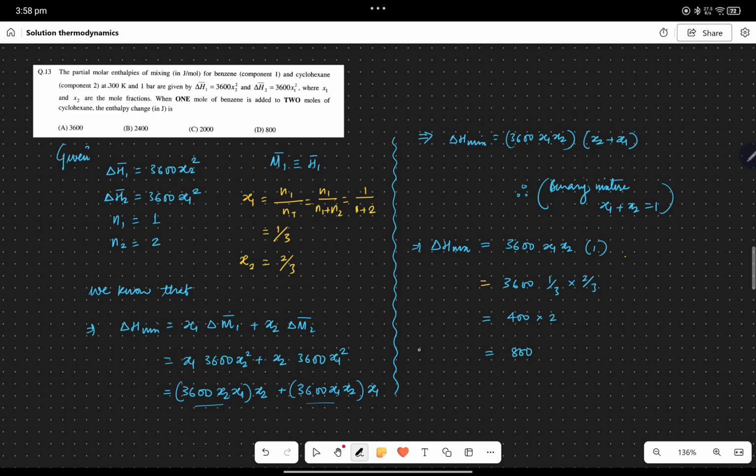So this is your delta H mix for the solution, and the unit is joule per mole. So this is your answer, right? So the answer is 800, option D.